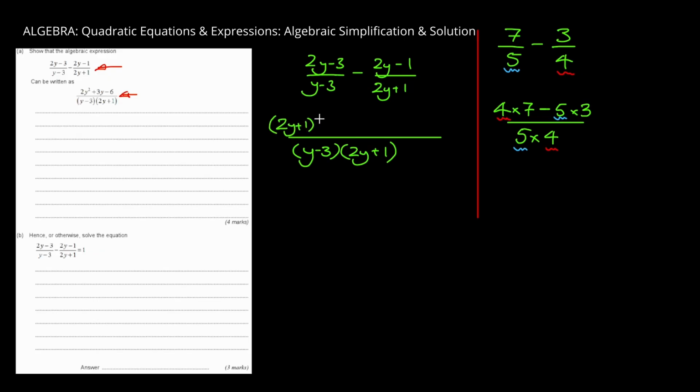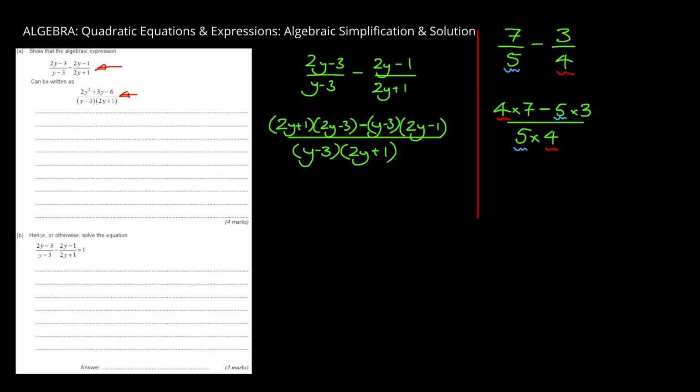And that's multiplied by the original numerator up here, which is 2y minus 3. Here's our big minus sign, that one there. 2y plus 1 into the denominator leaves y minus 3. And that's multiplied by the original numerator up here, 2y minus 1.